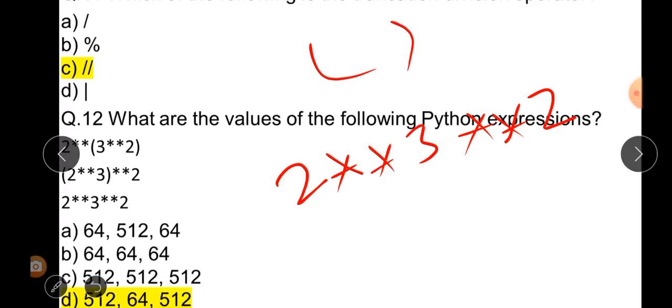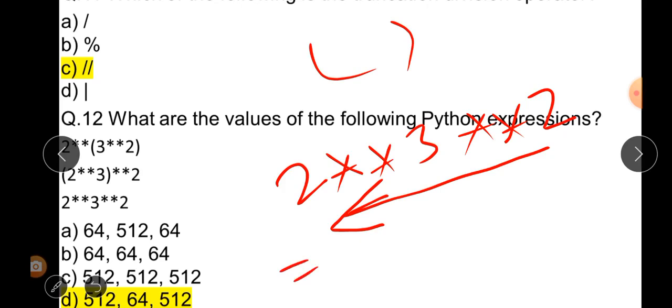So now, when there is no sign of parenthesis and there is a single operator, that is exponent, which is represented by double star, then it should always be evaluated from right to left. This point was already discussed in our previous question.